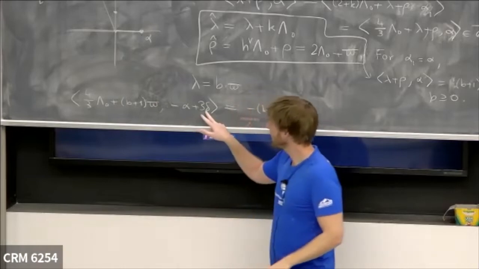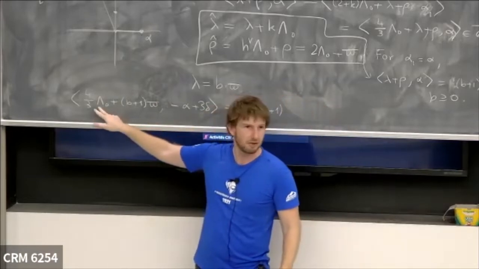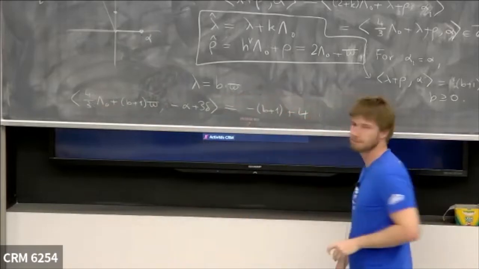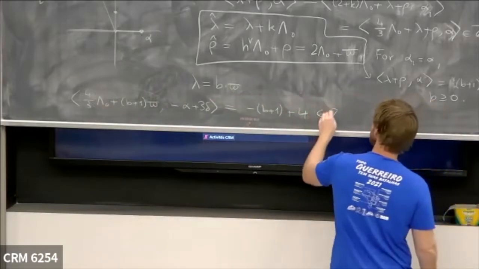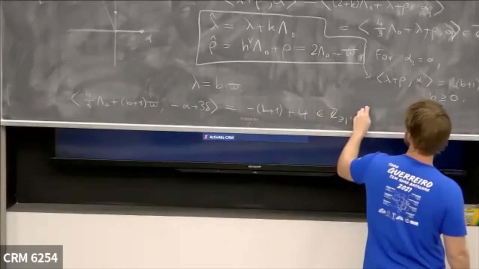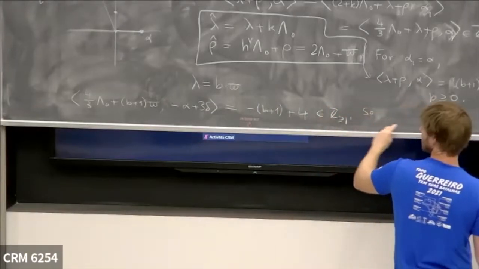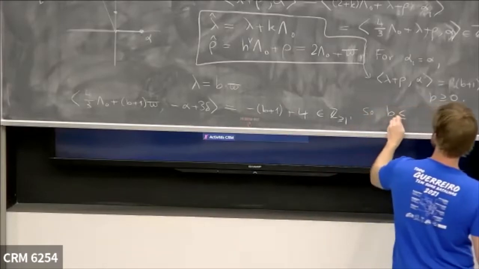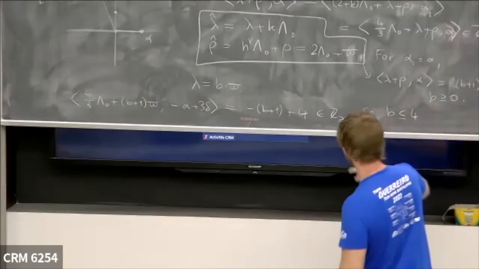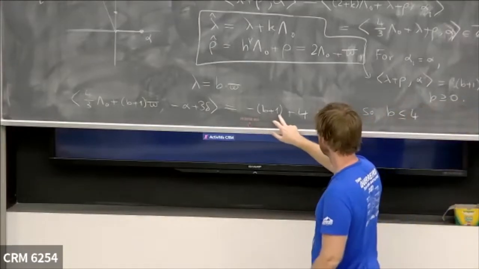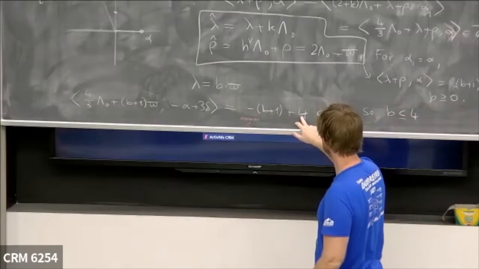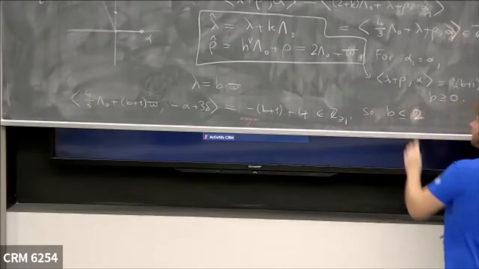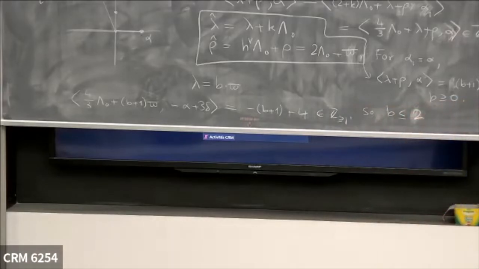And now we've got the other pairing, which is 3 delta pairing non-trivially with lambda. So we get 4. And this has to be greater than 1. So b is less than or equal to, let's see, minus the 3 here. 3, 0, 1, 2, yeah. All right. So we get 3 possible values for b.